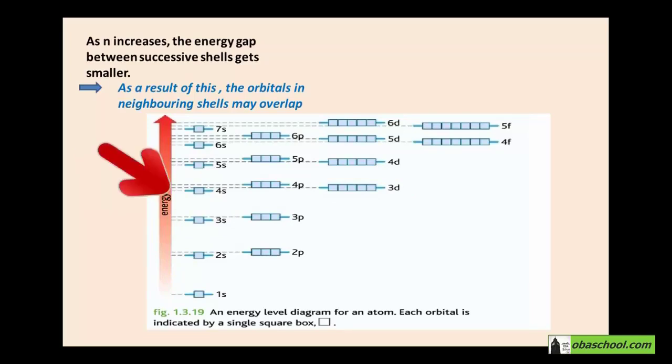Shell 4 has S, P, D, and F. Here's S, P, here's 3D. Shell 3 is overlapping with shell 4, because the energies of shells 4 and 3 lead to the overlapping of subshells of shell 3 with subshells of shell 4.